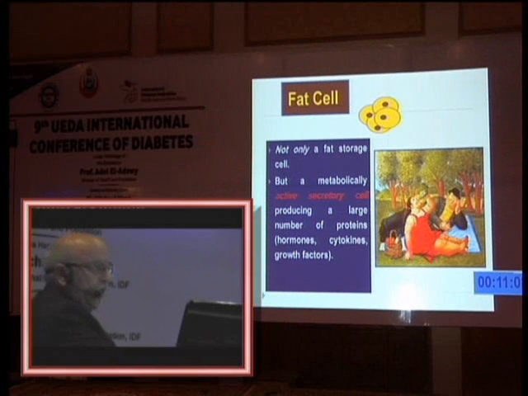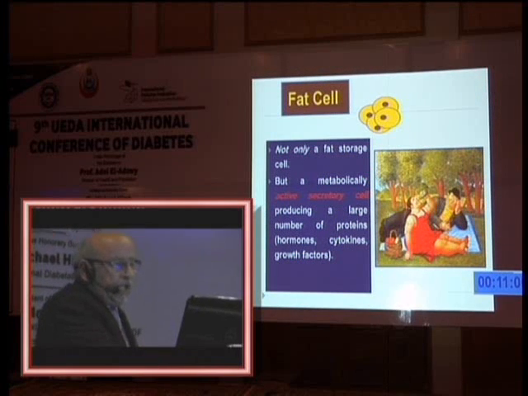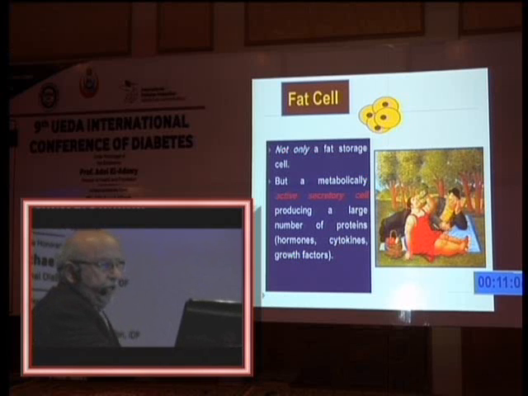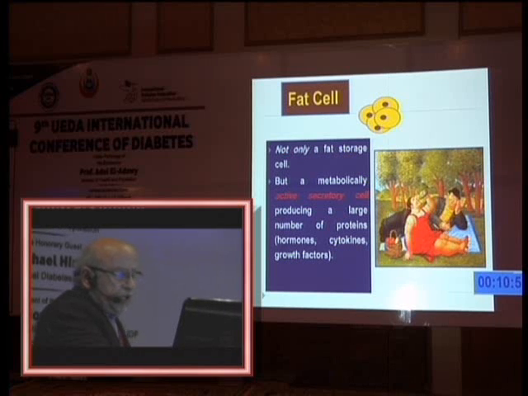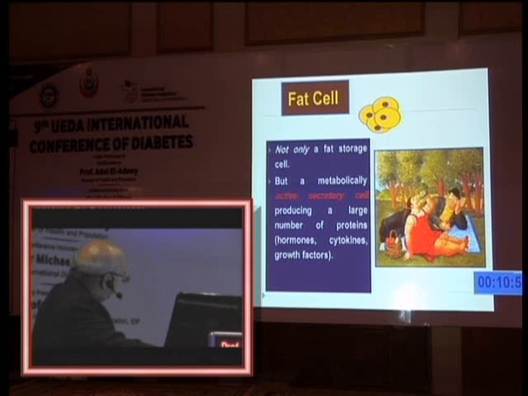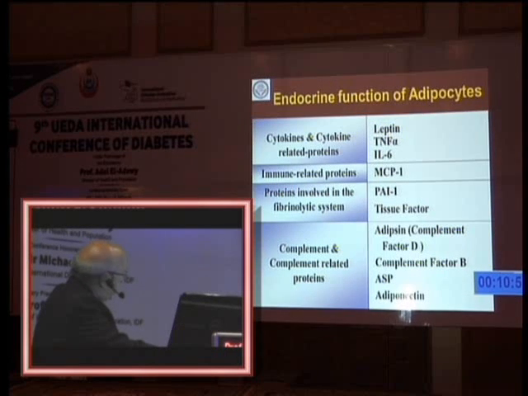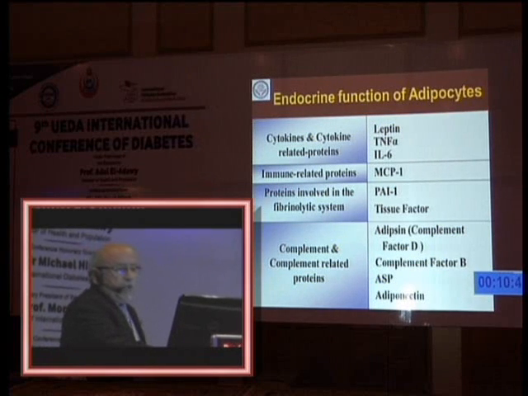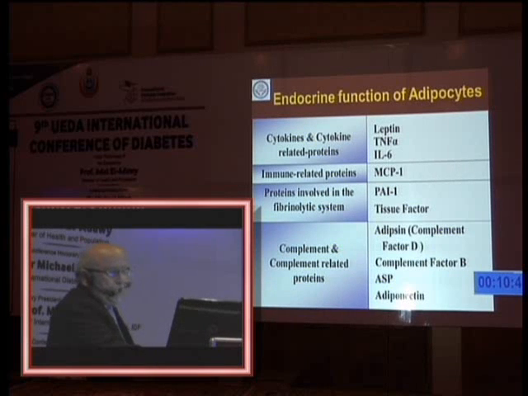The fat cell is not only a fat storage cell, but is a metabolically active secretory cell, producing a large number of proteins, hormones, cytokines, and growth factors. This is a list of the substances that are secreted or produced by the fat cell.